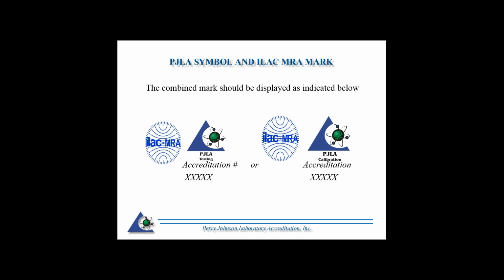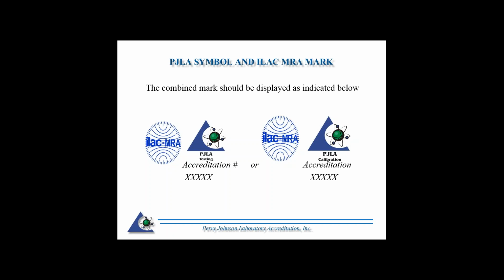And here are some examples of the utilization of the PJLA symbol in conjunction with the ILAC mark and how it's expected to be displayed. The PJLA logo, of course, is displayed as previously gone over, and it can be used in conjunction as shown here with the ILAC MRA.